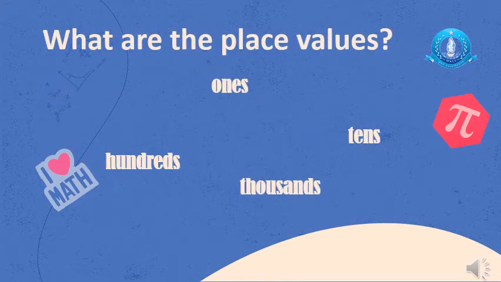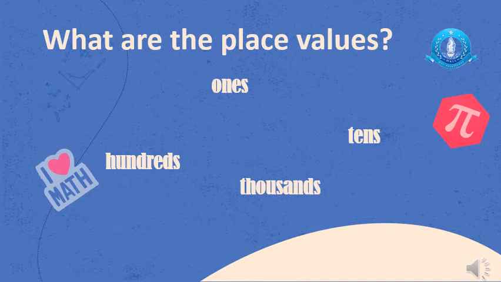Now here in this slide, let's see the place value in detail. Now the question is, what are the place values? First thing we have to see is what is place. So place is the position of the digit in any number. Now we have to think about place value. What is the place value? The definition of place value we discussed in the last slide.